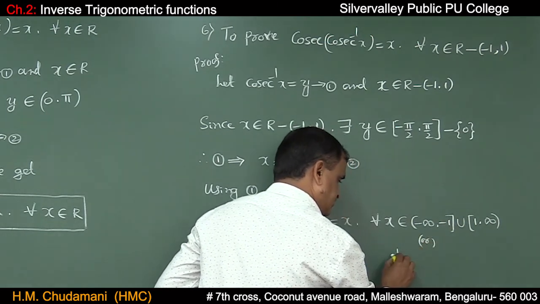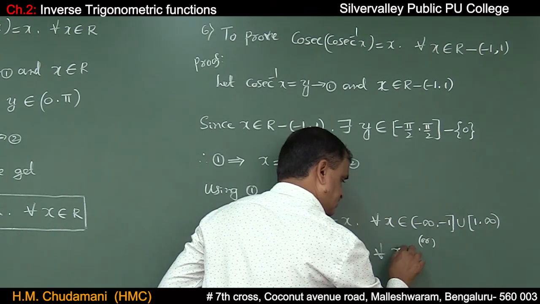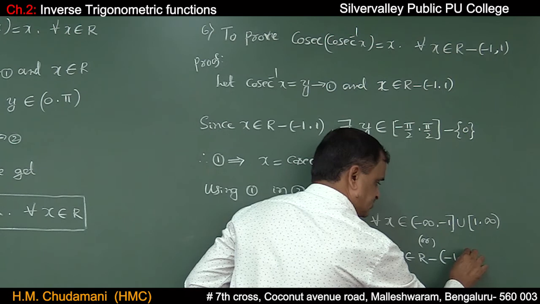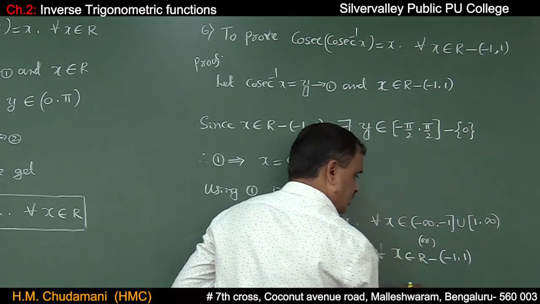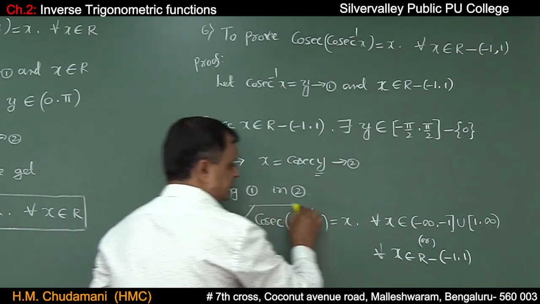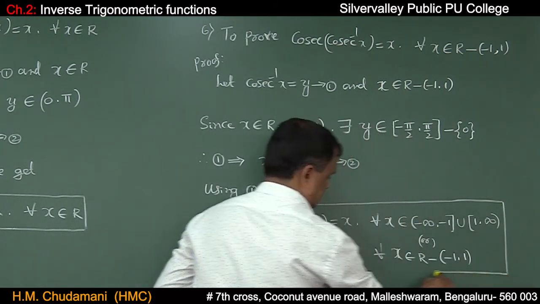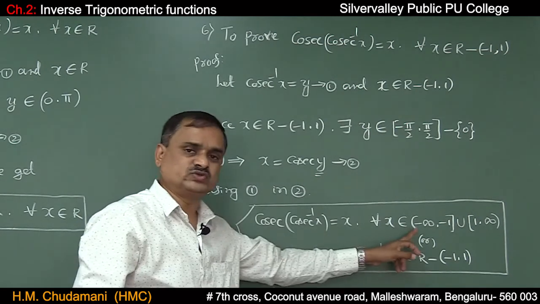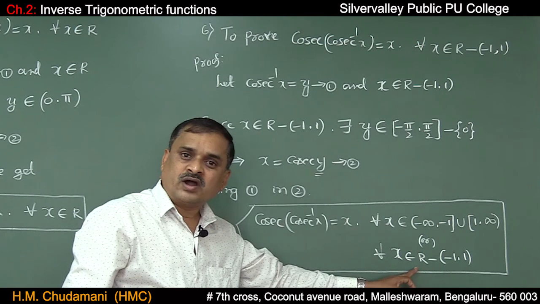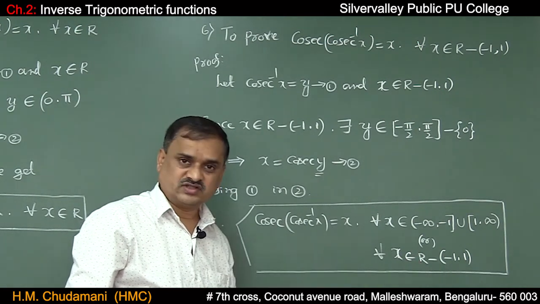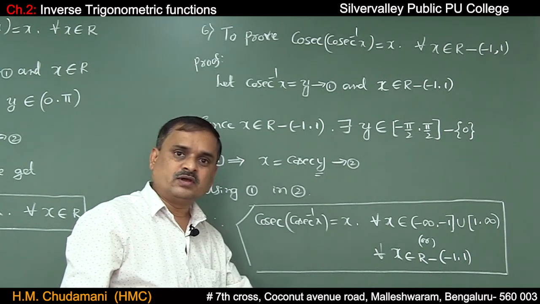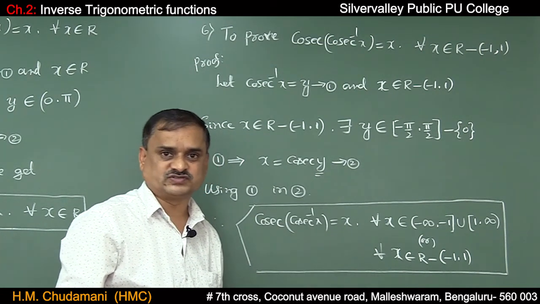So instead of this, you can write x belongs to the real numbers except minus 1 and plus 1. Okay. So therefore cosecant of cosecant inverse x is equal to x, where x belongs to this, or mod x greater or equal to 1, that is, x less or equal to minus 1 or x greater or equal to plus 1.